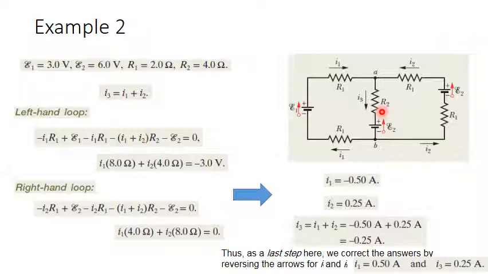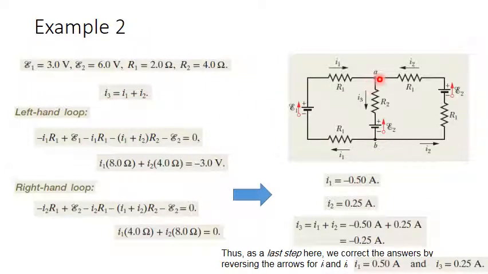First of all, let us agree that if we take the node A as a junction, the currents entering this junction, I1 plus I2, should equal the current leaving this junction, I3. So I3 equals I1 plus I2.